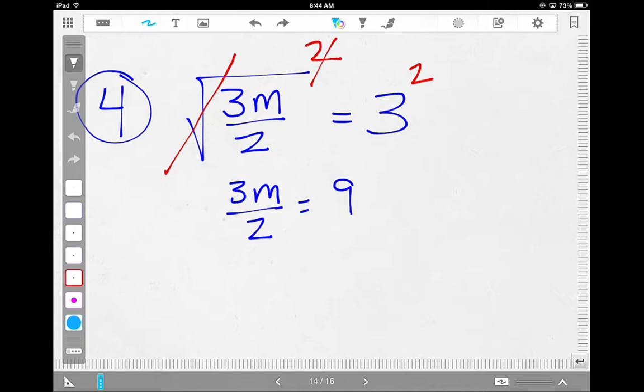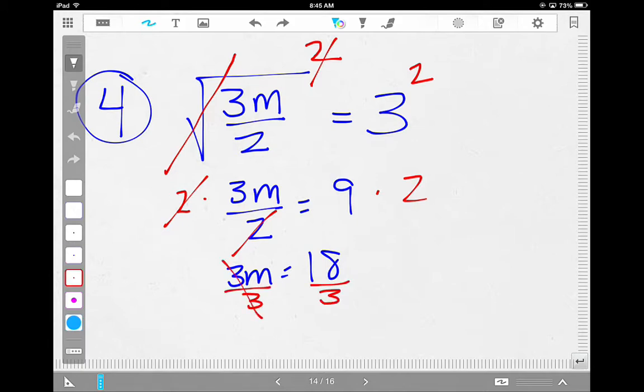Now I have a normal equation that I have to solve. When you're dealing with that fraction over 2, I like to multiply both sides by that common denominator, because on the left side that will eliminate the fraction, leaving me 3m, and on the right side I'm going to get 18. Finish this by dividing both sides by 3 to eliminate that lead coefficient, and I get that m is equal to 6.